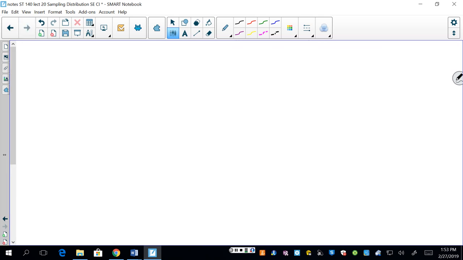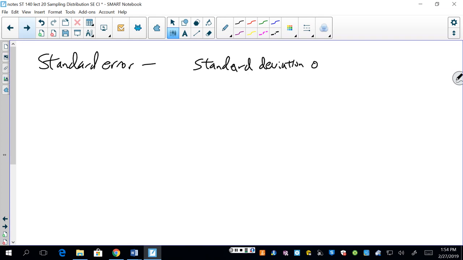And so a standard error is really the standard deviation of a sampling distribution.